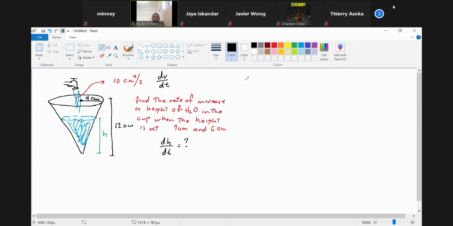We need to find dV per dH because we need to multiply it with dH per dt. The dH will cancel and what will be left will be dV/dt, correct? Yes.